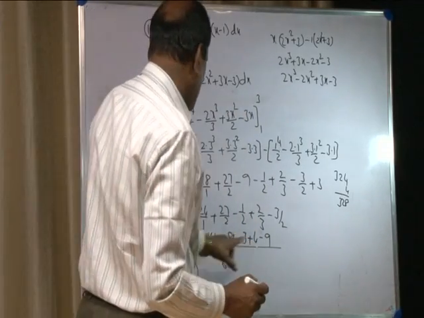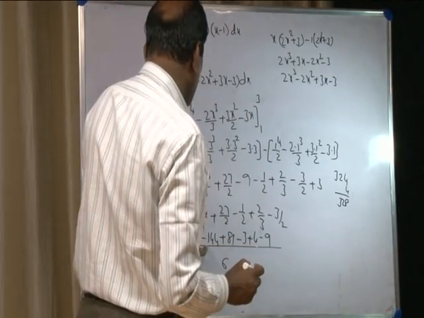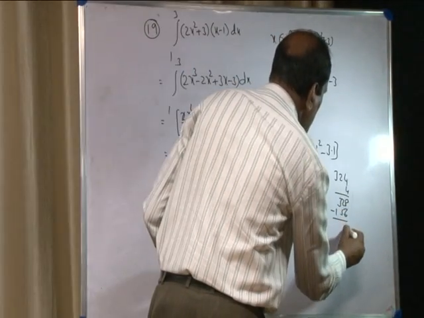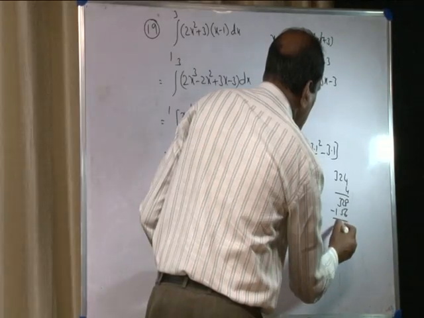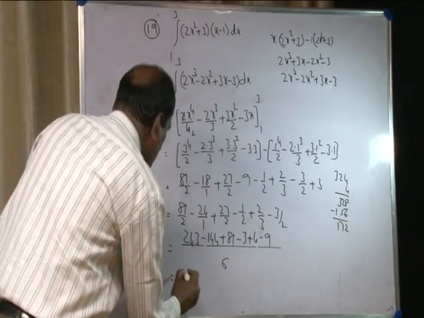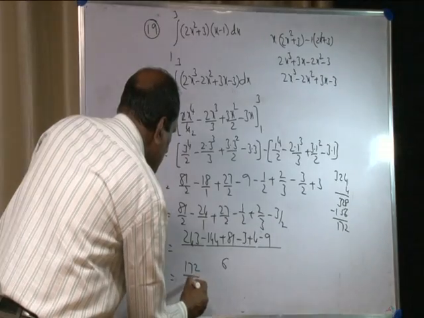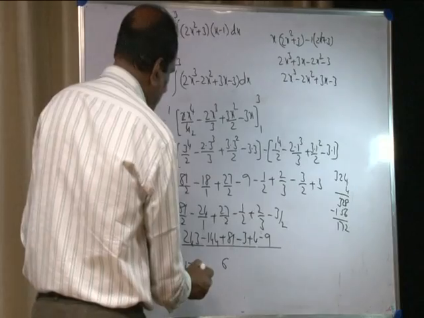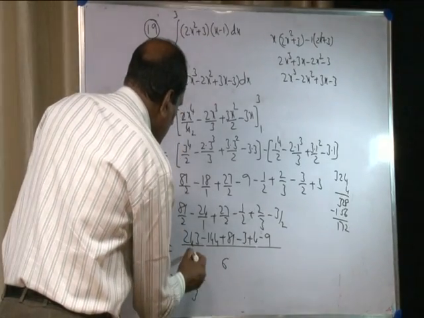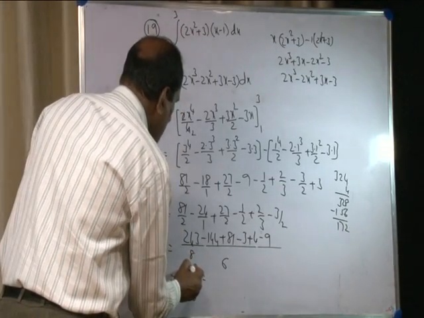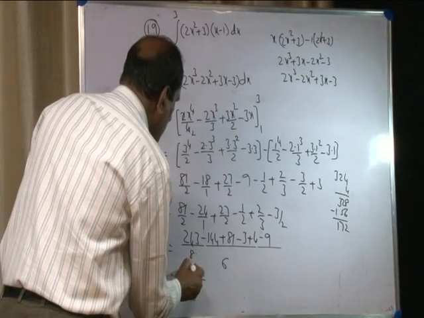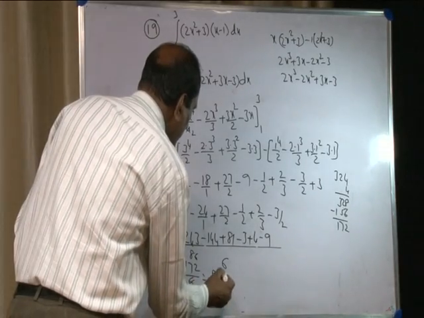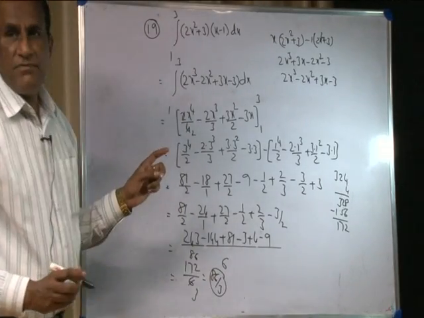Then minus 9 minus 3 minus 144. Then the numerator is 172. So 172 by 6, and dividing by 2 we can write this as 86 by 3. So this is the final answer for the given definite integral.